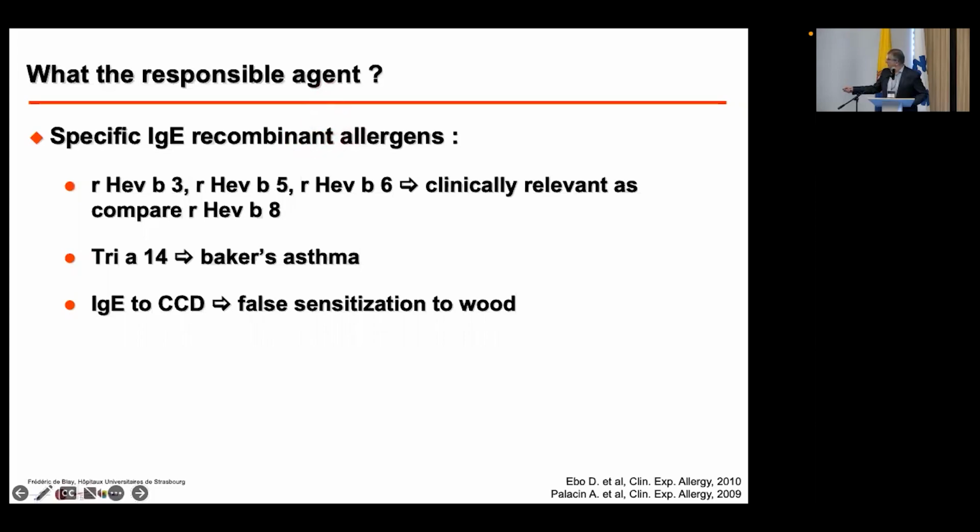For example, LTP, Tri a 14 for the Baker's asthma. We never found any positive patients in all our series of bakers in France. But I know that in Spain, I think it's Quirce. No, it's Sastre. Professor Sastre found a positive for Tri a 40. Okay.